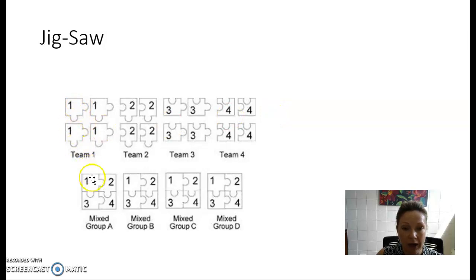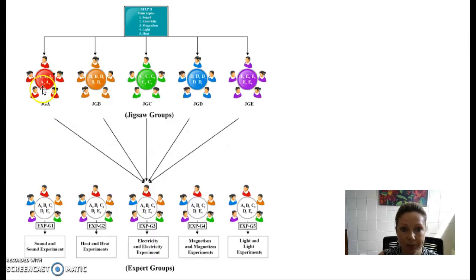Then this 1 comes down to mixed group A, this 2, this 3, and this 4 to form a group down here which has different people in it. All right, so that's the confusing part, is that there's 2 different groups that each member of the class is a part of.